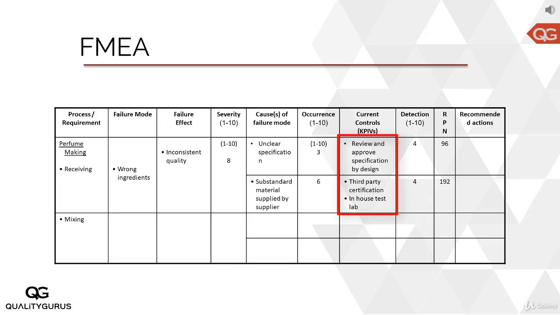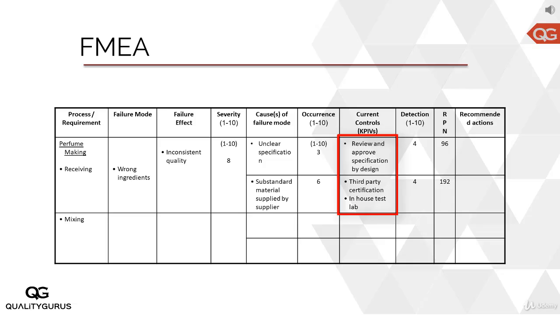And then what you do is you look at what all controls you have. So in case of poor specification or the wrong specification, we say that okay, we have a process where we review and approve the specification before we ask supplier to give us those perfume ingredients. In case of substandard material supplied by supplier, we have a control where we ask third party to provide the certificate, or we have some test which we do before we receive that product.